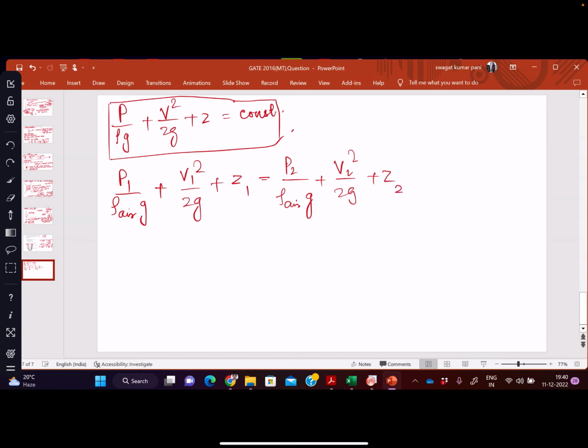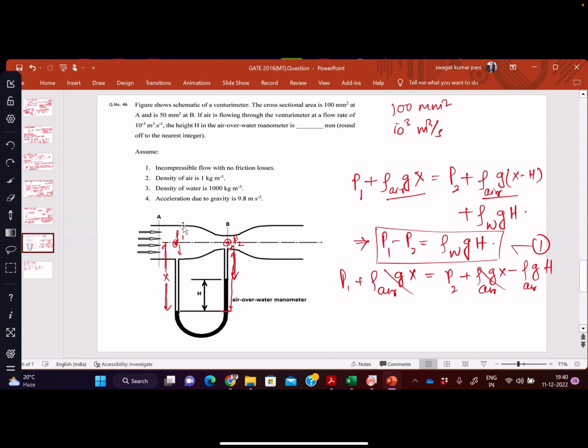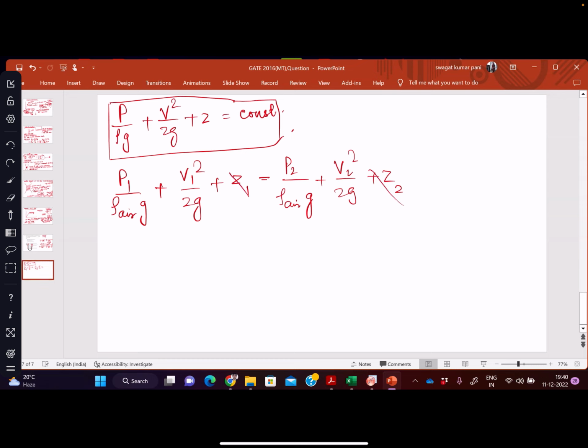Because P1 and P2 are at the same level, Z1 and Z2 will get cancelled.